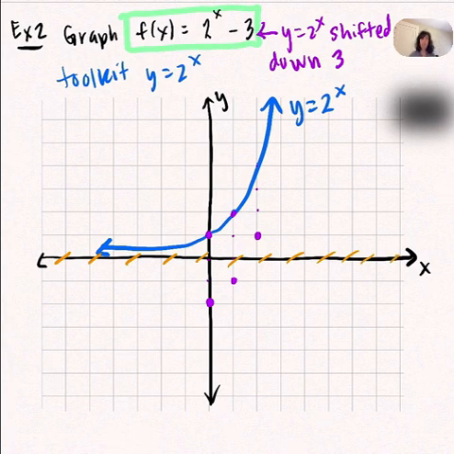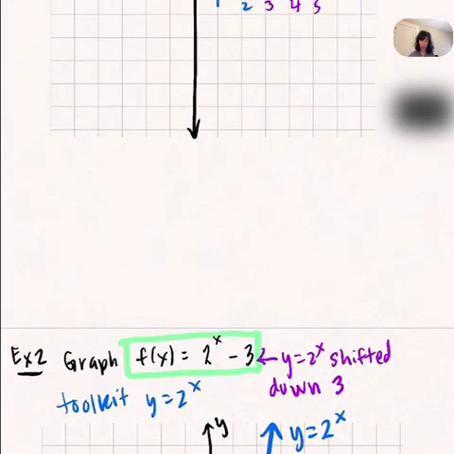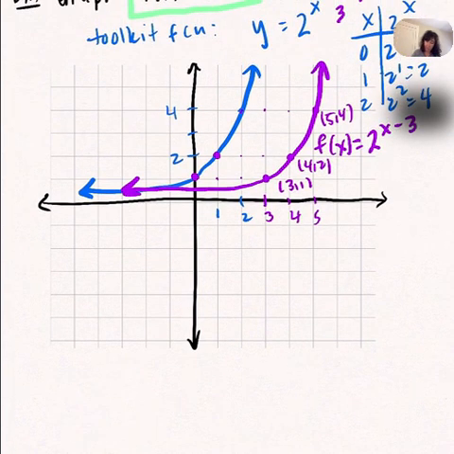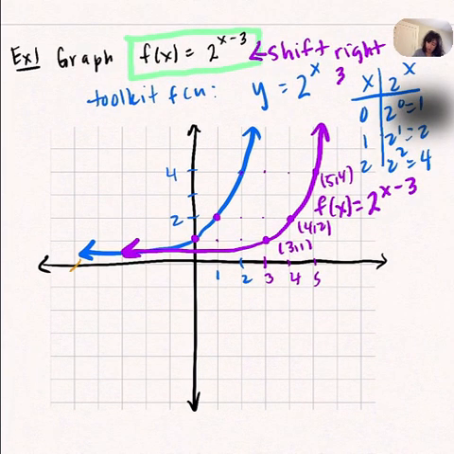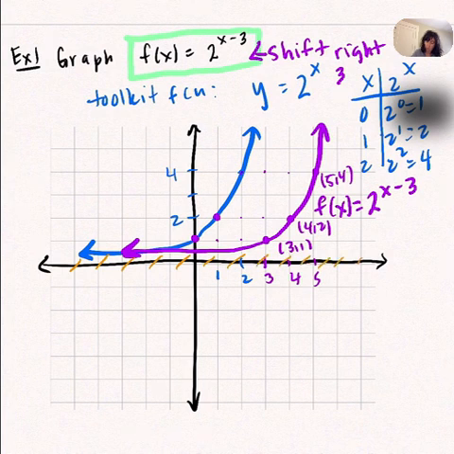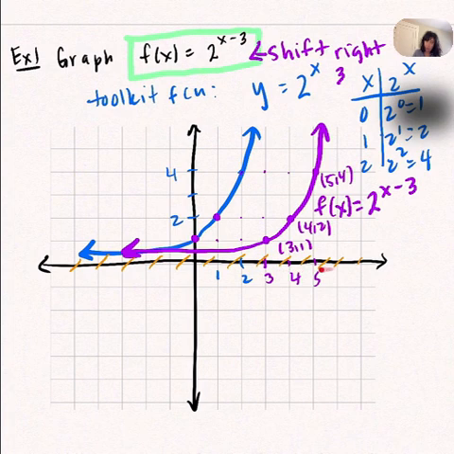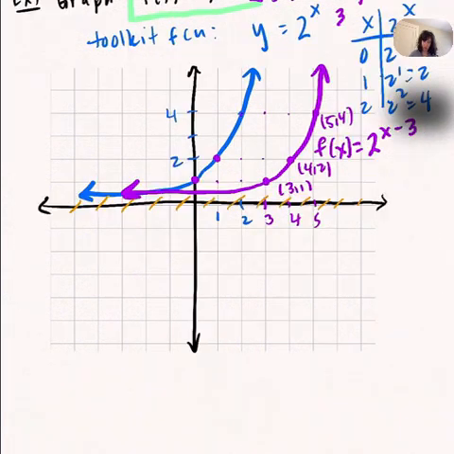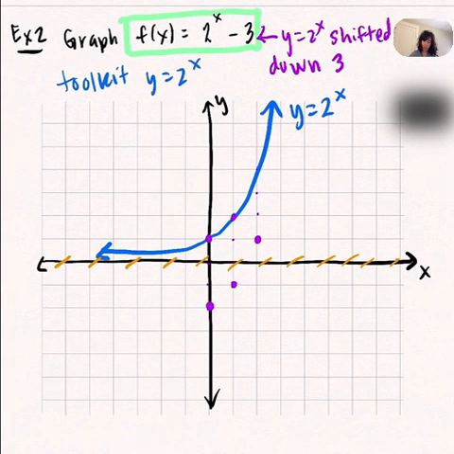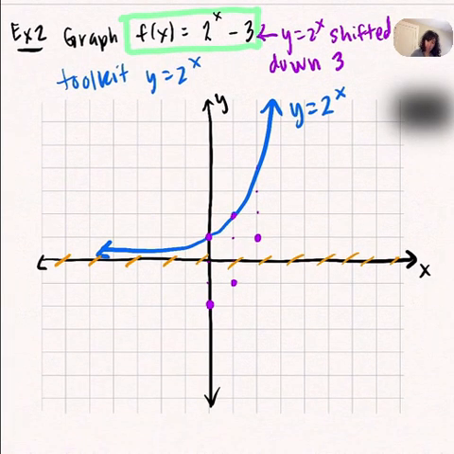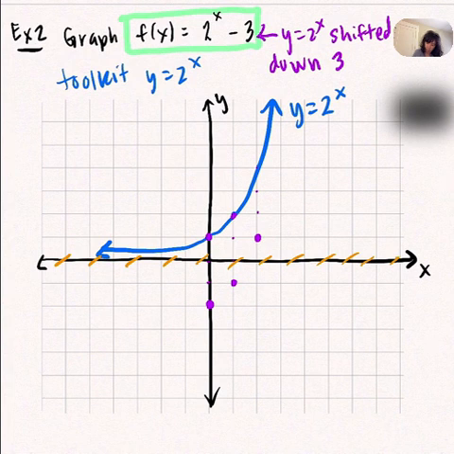Now in the example that we did previously, let's scroll back up to it. We also had an asymptote here, but we were shifting our graph to the right. So when you shift your graph to the right, the asymptote also shifts to the right, but it doesn't actually move anywhere. Now in this example, if we shift our graph down, our asymptote is actually going to shift down as well. So the asymptote is going to go down 1, 2, 3.